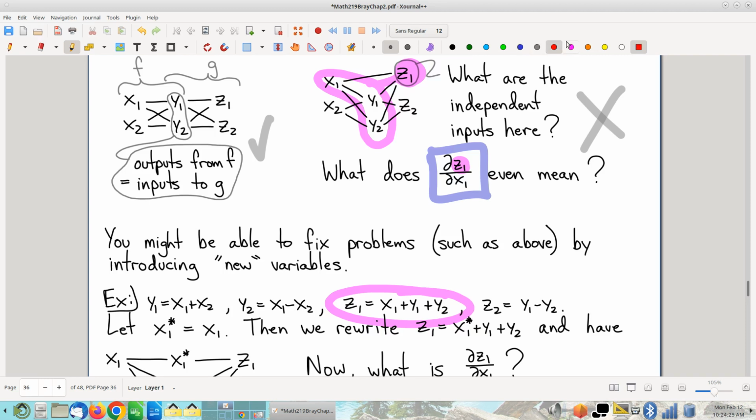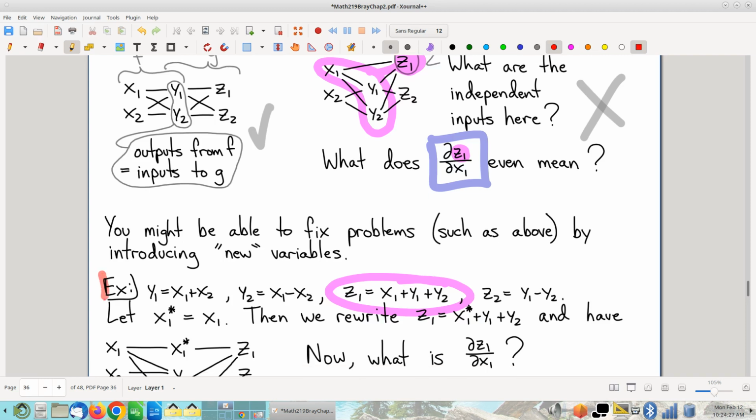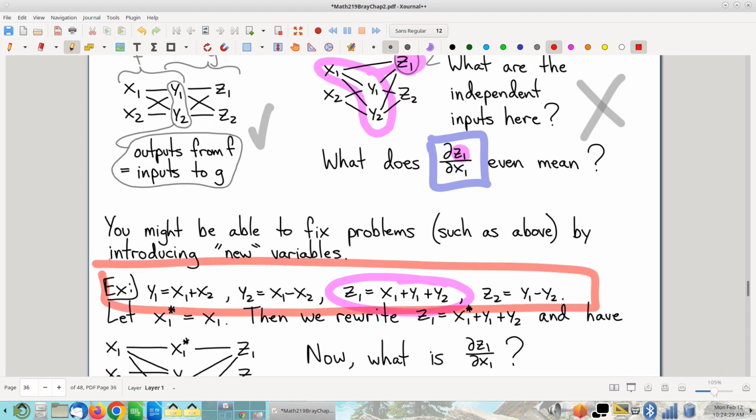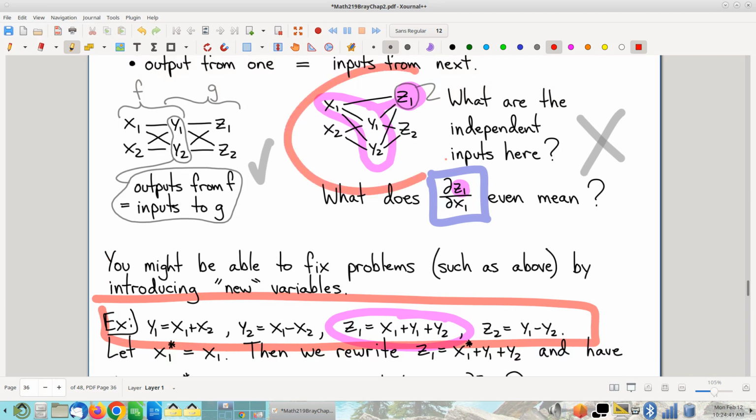You could imagine an example, we're going to see one momentarily, where the equations that relate the various variables include among them something like this. And in fact, this diagram that I'm complaining about is literally what you would write down immediately from the statement of this question. So this kind of thing can come up.